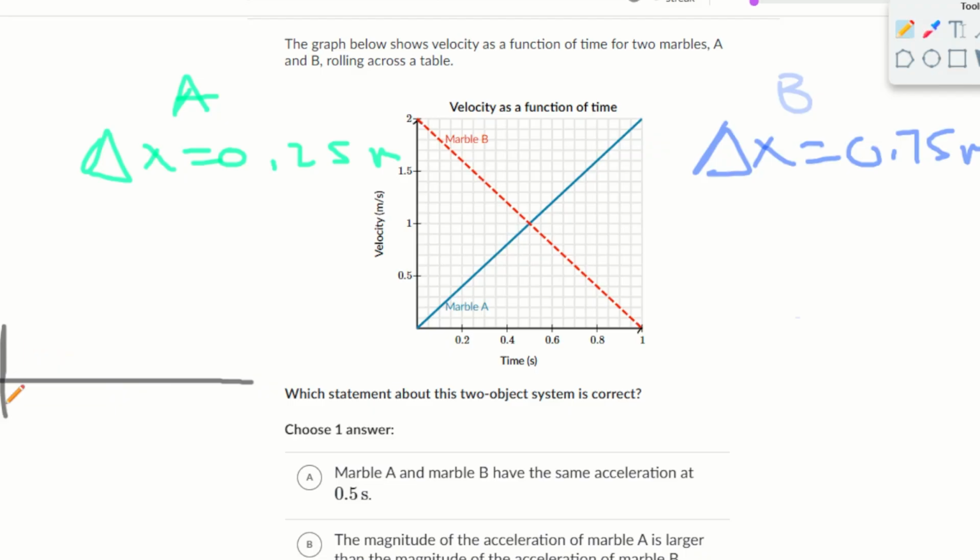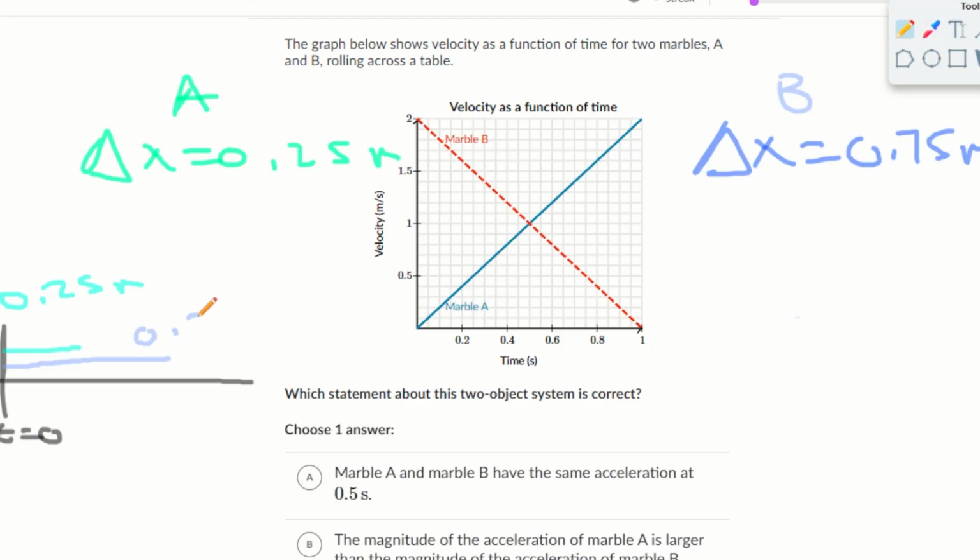So this is the path they're going on, and this is t equals 0, so this is where they start. Marble A has only traveled a displacement of 0.25 meters. So marble A has only gone this much, 0.25 meters, right?